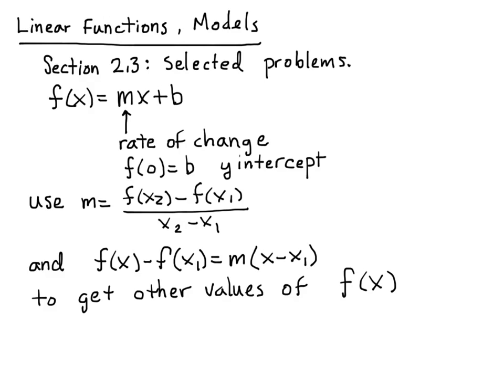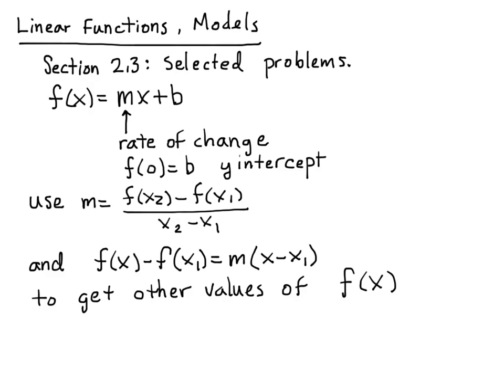point slope form of determining the equation of a line, but we're also going to be able to use this to predict other values. And so we're going to get to these things in a process called linearization, where we're going to estimate how a function changes without actually knowing values of the function, but we're going to do it based on the slope.